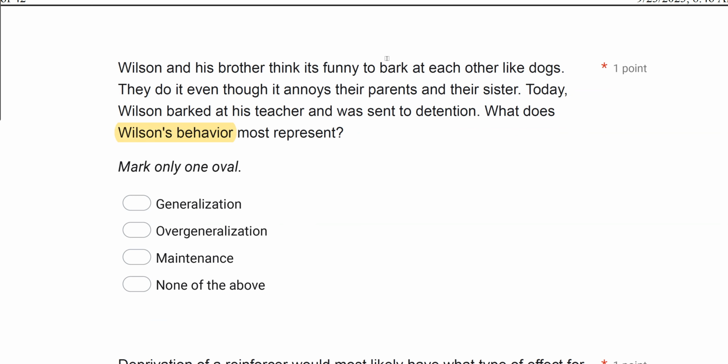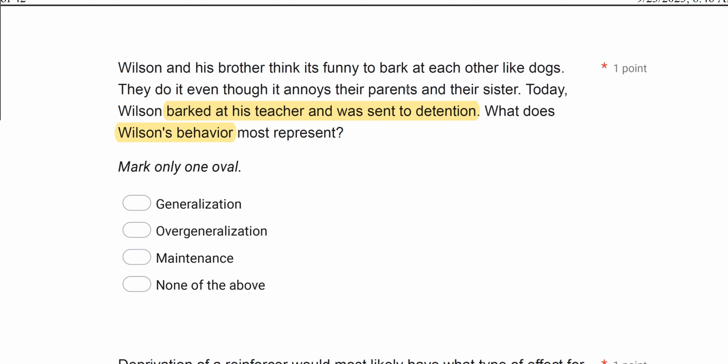We know Wilson and his brother bark at each other like dogs because they think it's funny, and it annoys their parents and sister. Well, today, what did Wilson do? He barked at his teacher and was sent to detention. What has Wilson done? Well, he's taken this behavior of barking like a dog at his brother because he thinks it's funny and annoys their parents and sister.